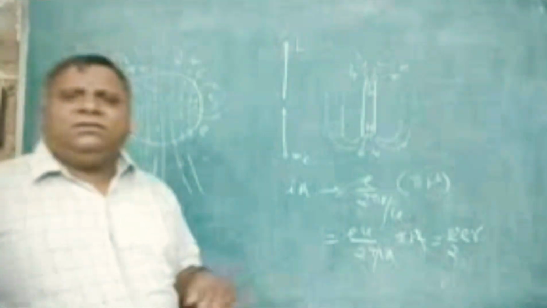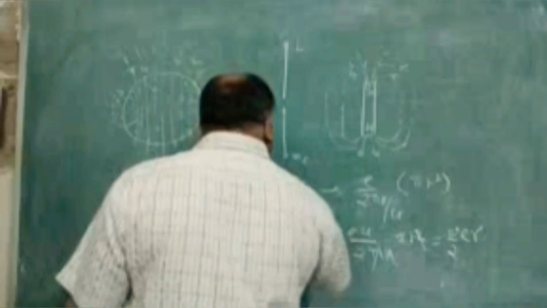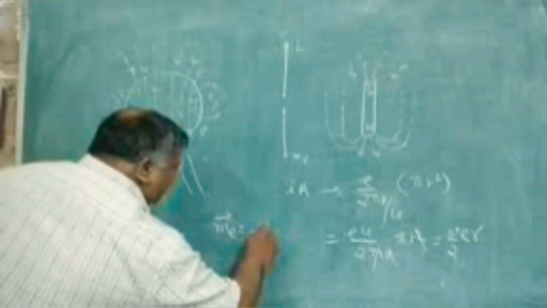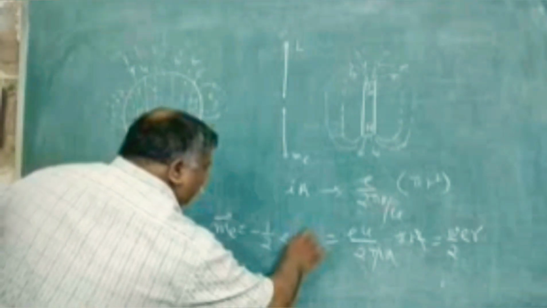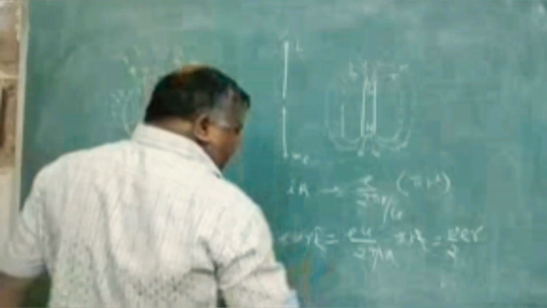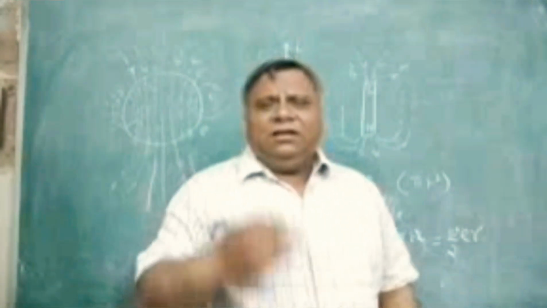Since the charge on the electron is negative, this M_L in vector form can be written as minus half eVr times k, if k is along this direction. k is perpendicular to the plane of the orbit, suppose it is the Z direction.